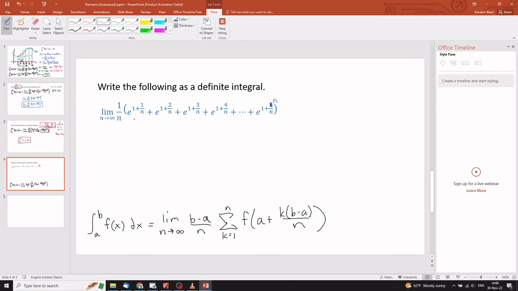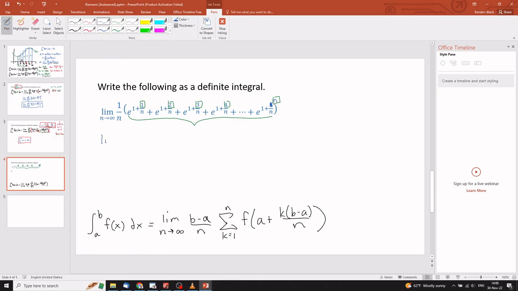If we look at just this part here, the only thing that's changing is these numbers here. So 1, 2, 3, 4, all the way up to n. So I believe we could write this in summation notation.